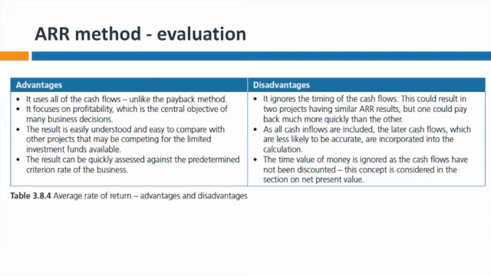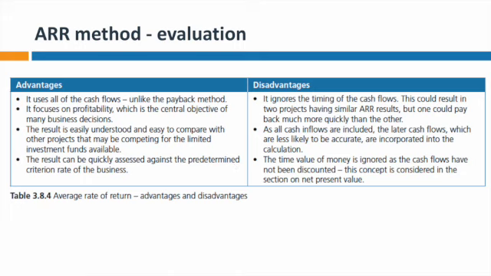The result is super simple to understand. You can compare it easily with other projects, with other offers that the business gets, and it can also be easily assessed against the predetermined criterion rate of the business.